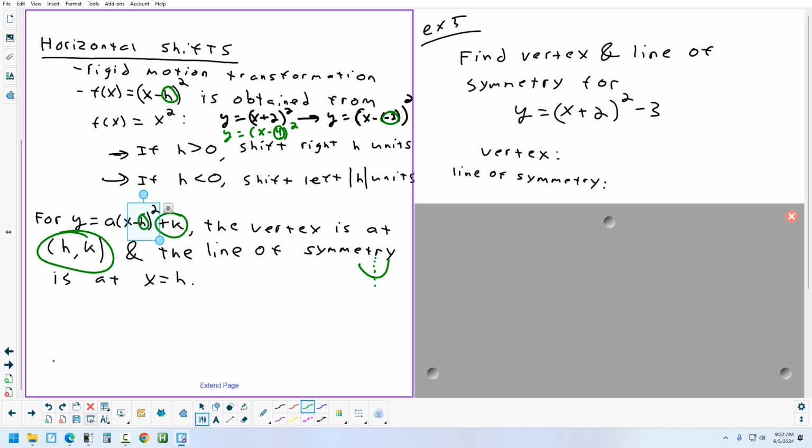First they want the vertex, and then they want the line of symmetry. Remember, the vertex is (h, k). H is the number that's after the minus sign, and k is whatever's on the end. Okay, so just be careful with this one. What do you think the new vertex would be for that equation?